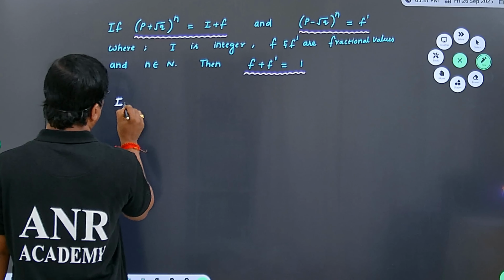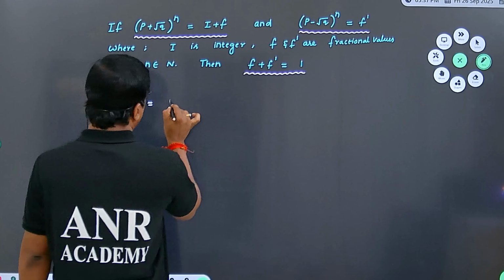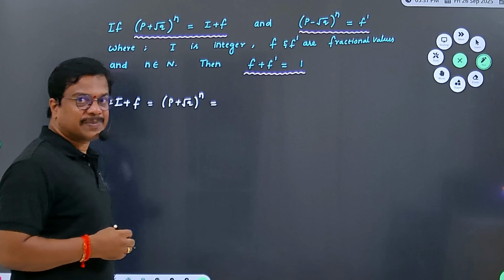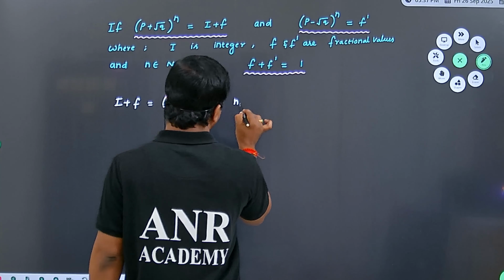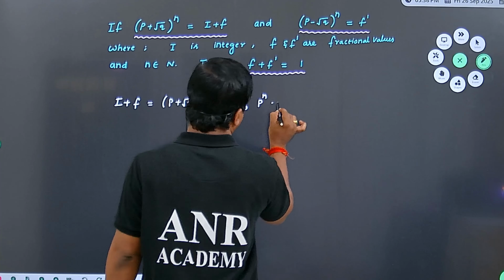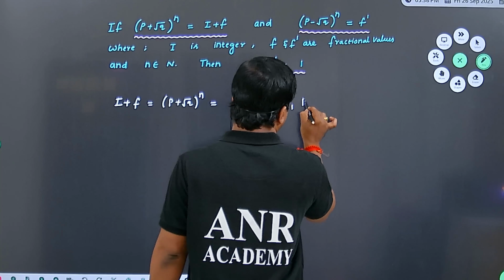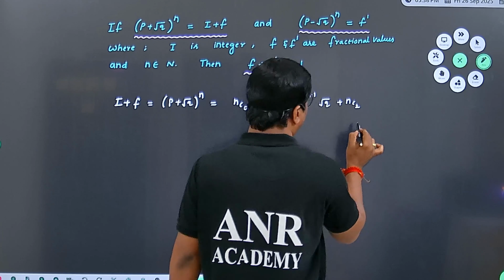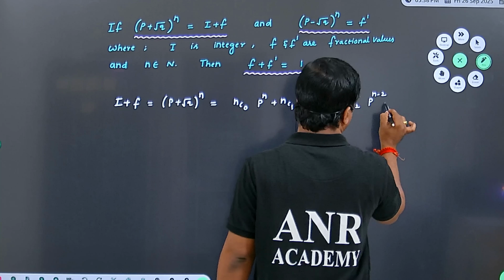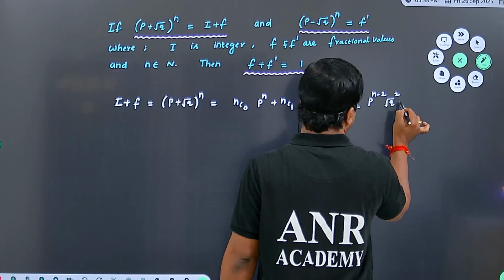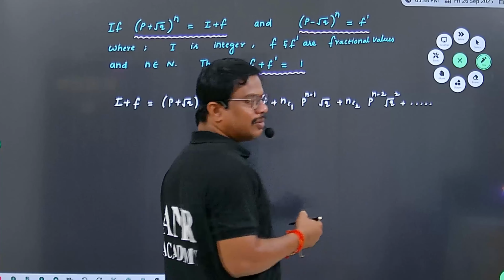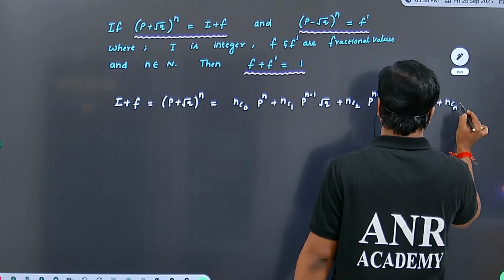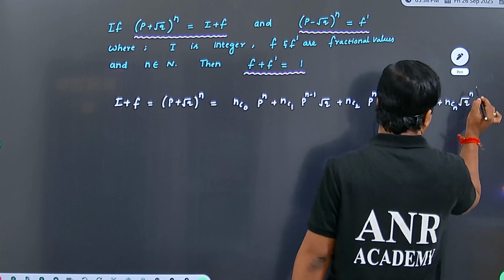Therefore, I plus f equals (p plus root q) whole power n, which with the help of binomial expansion can be written as nC0 p power n plus nC1 p power n minus 1 root q power 1, after that nC2 p power n minus 2 root q whole square, plus and so on up to the last term nCn root q whole power n.